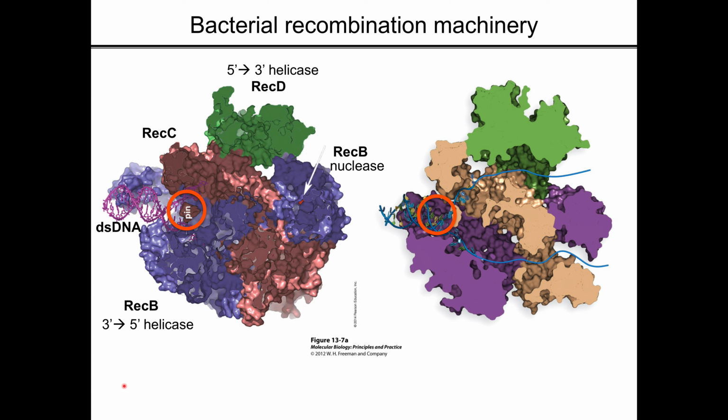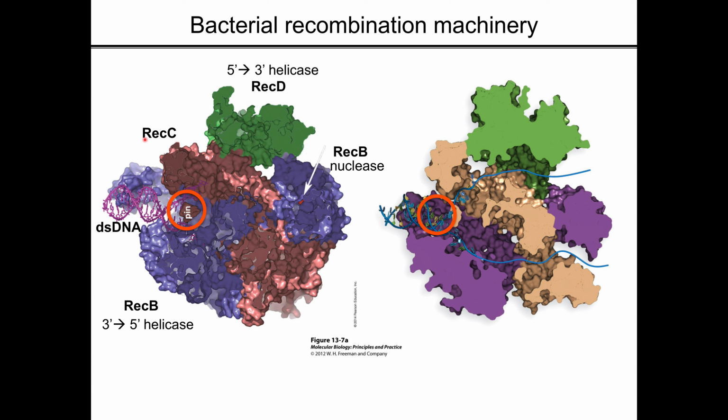So in bacteria, the critical bacterial recombination machinery is the RecBCD proteins shown here, as well as the RecA protein, which we're going to get to in a minute. RecB, C, and D form a heterotrimer.